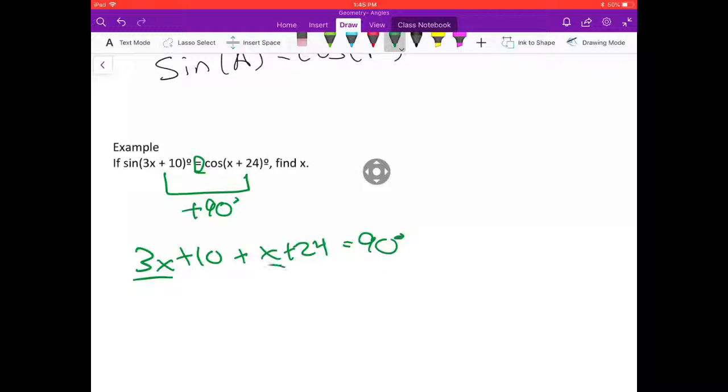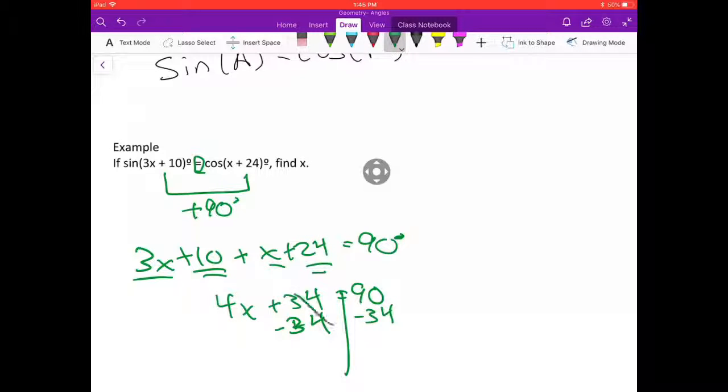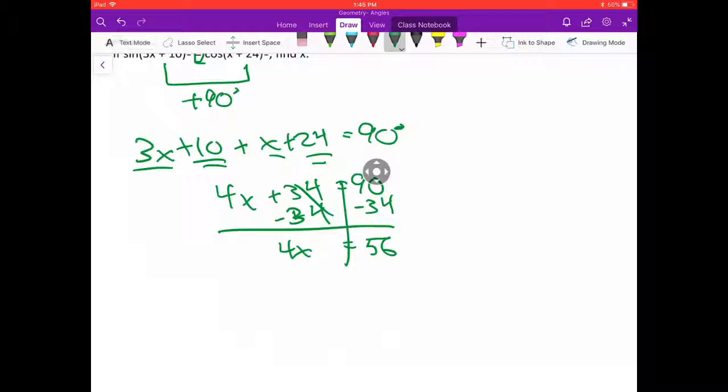So 3x and x is 4x, 10 plus 4 is 14... and just solve for x as we would using a two-step equation. 4x equals 56, and then divide by 4. We get x equals 14.